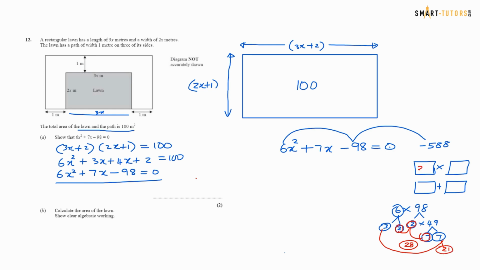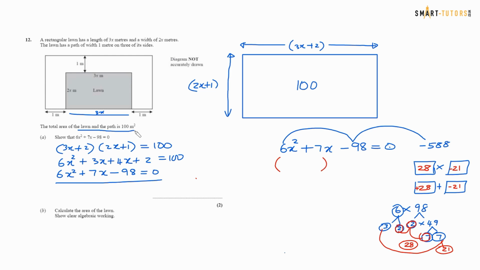So 28 times 21 gives 588. 28 positive together with minus 21 gives plus 7. So those are the factors for 588.